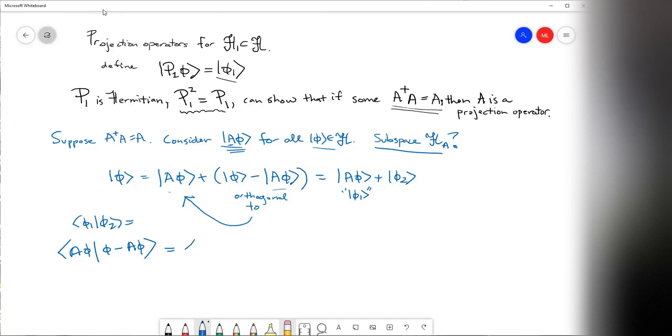We have A over here, so, the usual trick, we can move it over using the Hermitian conjugate. So we get phi, A dagger, phi, minus A dagger A phi.